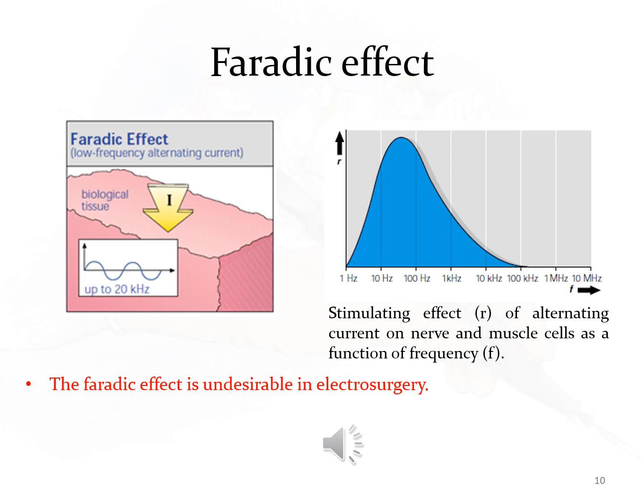When alternating currents flow through biological tissue with a frequency of up to 20 kHz, the Faradic effect occurs. Currents within this frequency spectrum stimulate nerves and muscle cells, which can lead to muscle contraction.